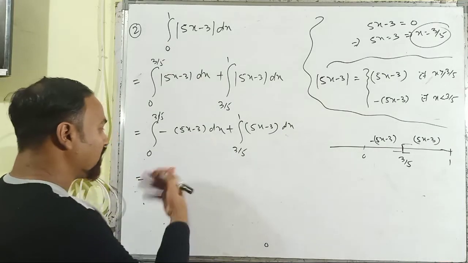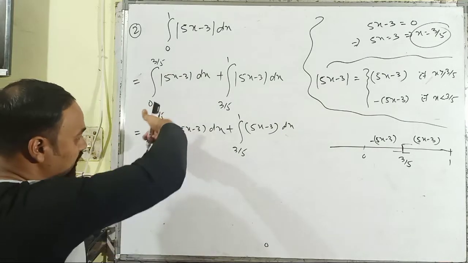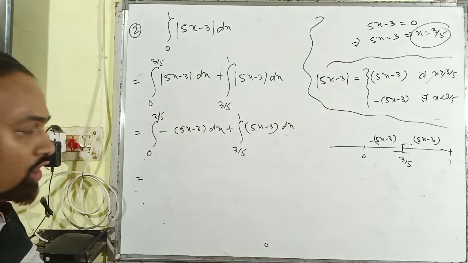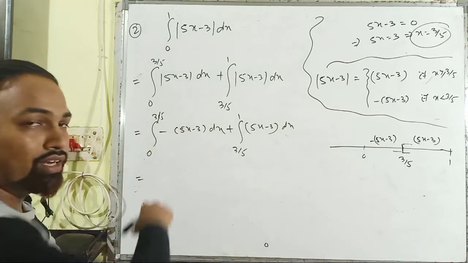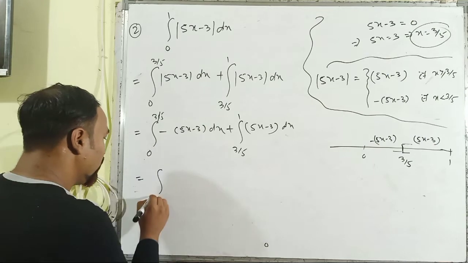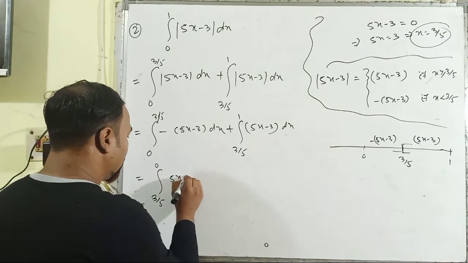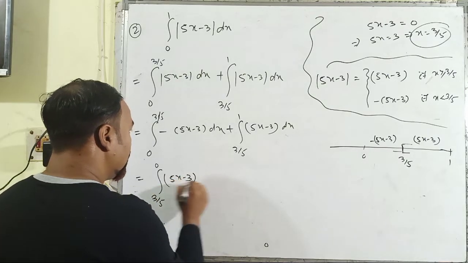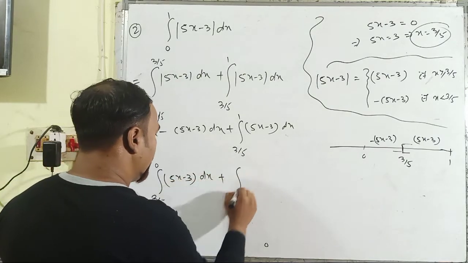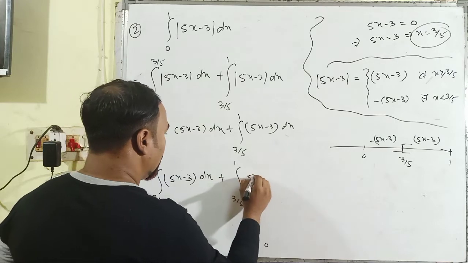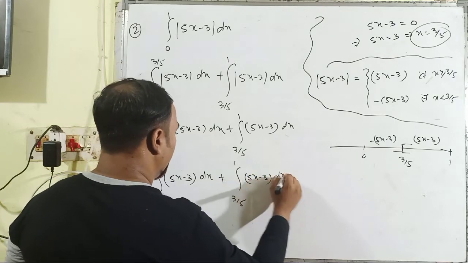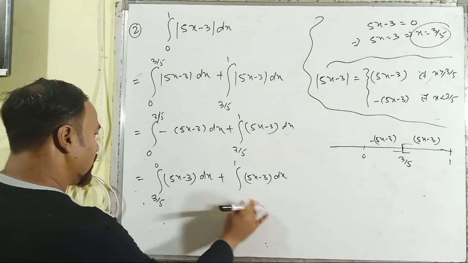Then by using that property, we can interchange the lower limit and upper limit with each other, and convert this negative sign into a positive sign. So it will be 3 by 5 to 0 of 5x minus 3 dx, and 3 by 5 to 1 integral of 5x minus 3 with respect to dx.